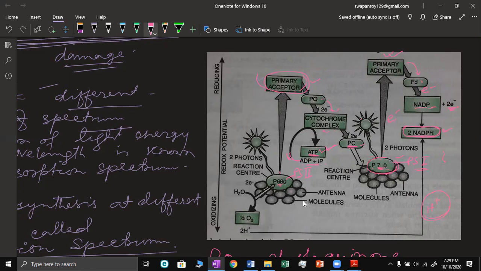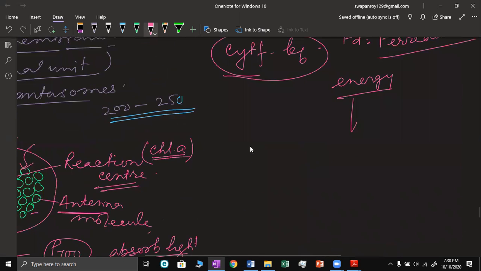So it is not coming back. So this is known as non-cyclic photophosphorylation. I think you should know what this photophosphorylation is.